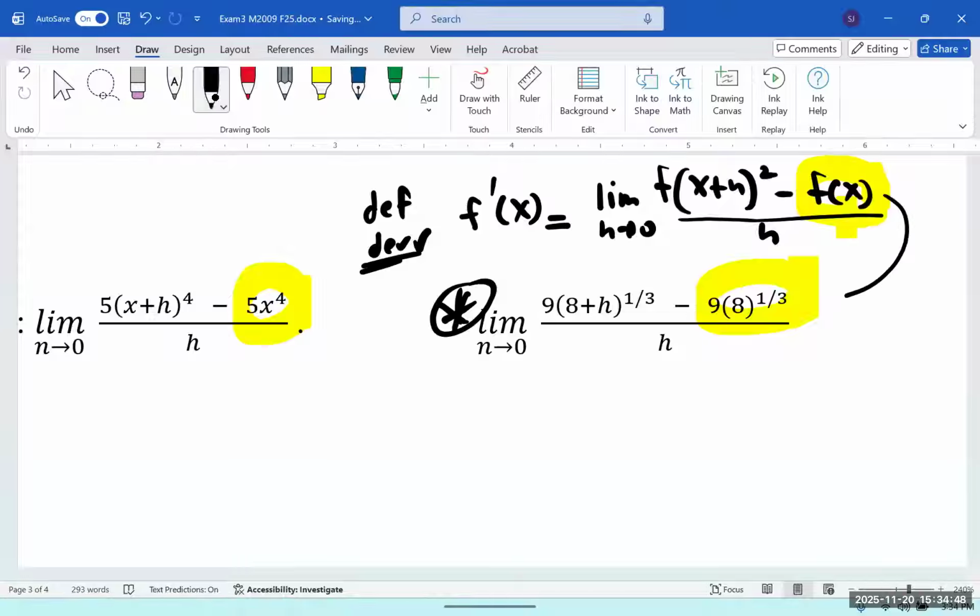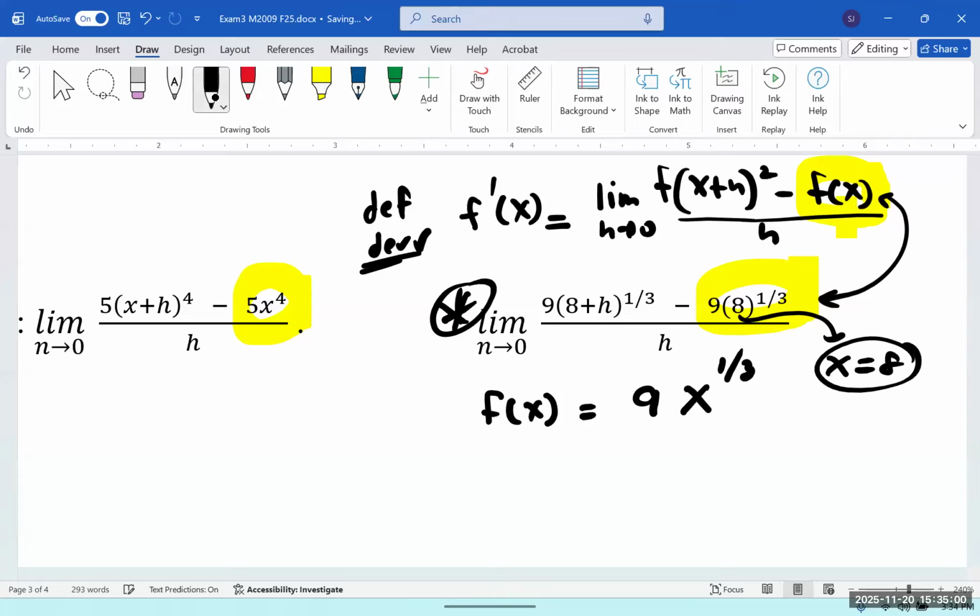So if you connect these two, you know your f of x is 9x to the 1/3. And here, they're telling us our x is 8. So you don't need x equals 8 information now. First, you need to know what is f of x. Why? Because you need to know, based on your f of x, what's the derivative.